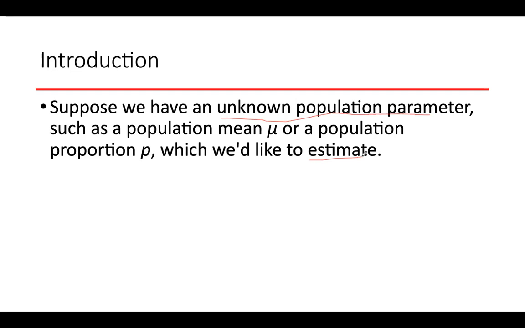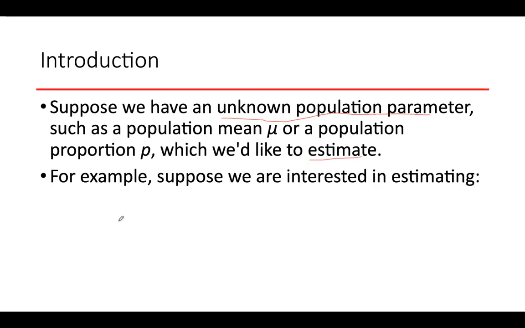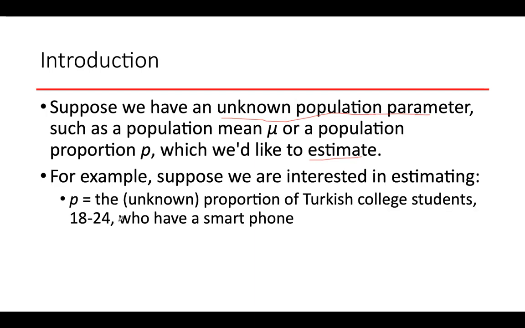Say we are trying to estimate the proportion of Turkish college students who have a smartphone. What do we expect? The proportion should be very high, right? But we may not know the exact population proportion directly. We should be conducting certain kinds of sampling, which we discussed earlier.